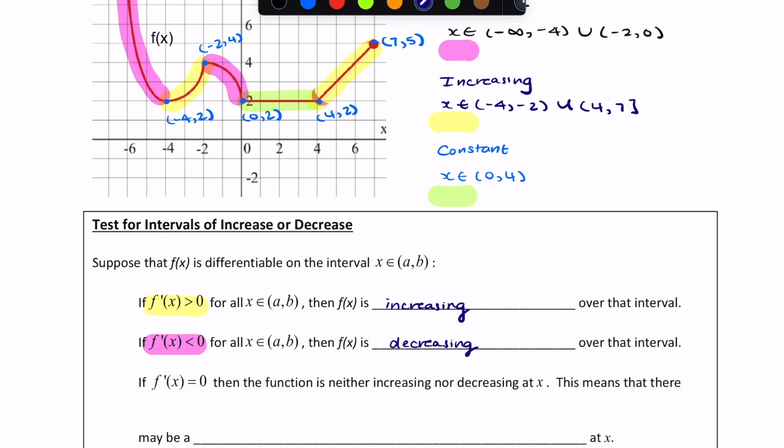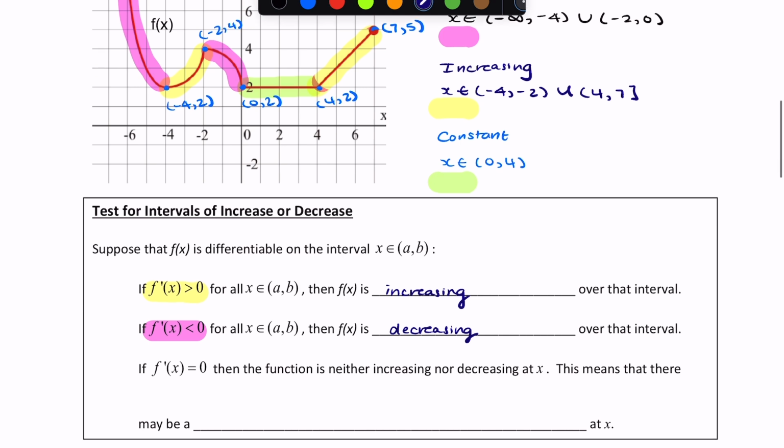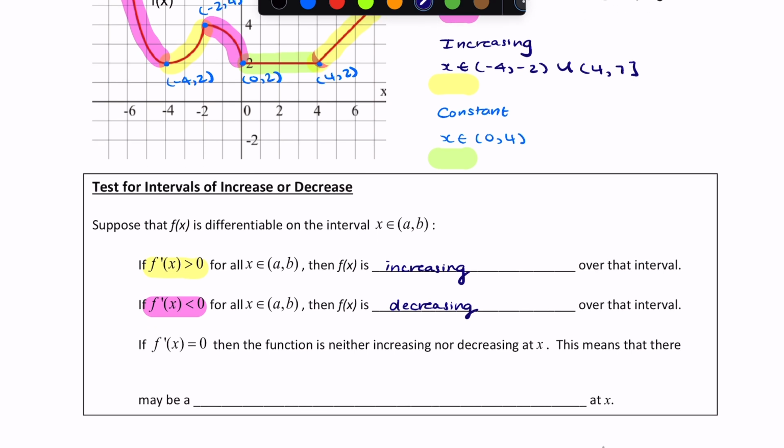And then if f prime of x is equal to 0, then the function is neither increasing nor decreasing at x. This means that there may be a potential local or absolute maximum or minimum.